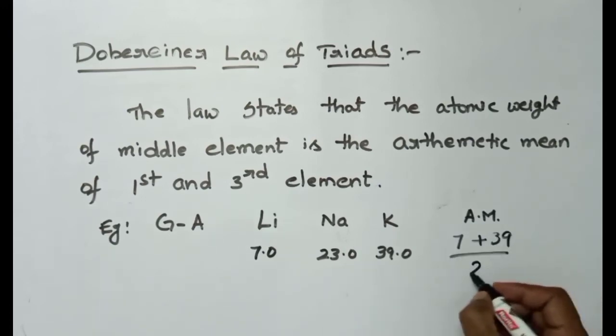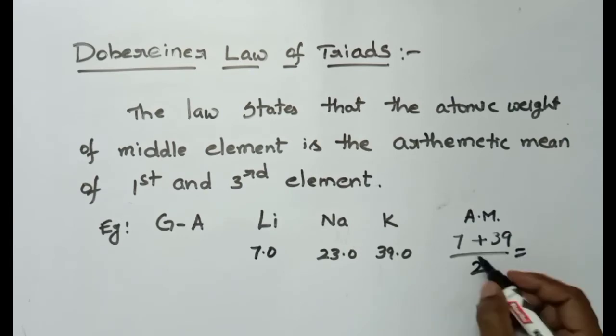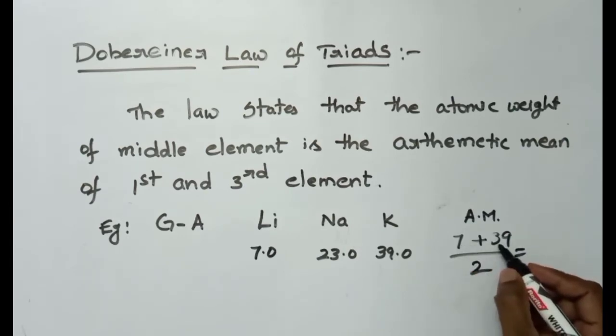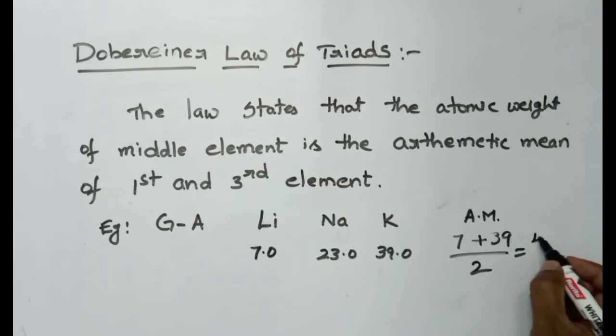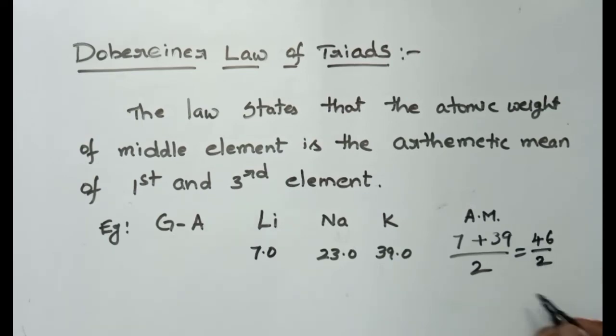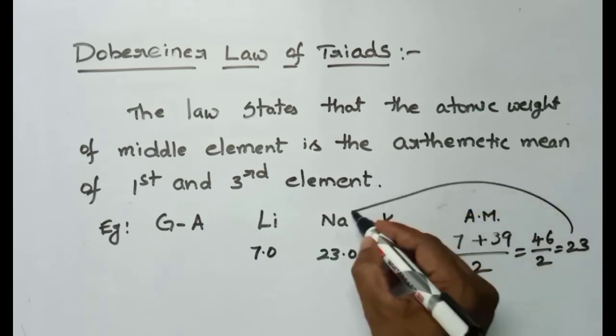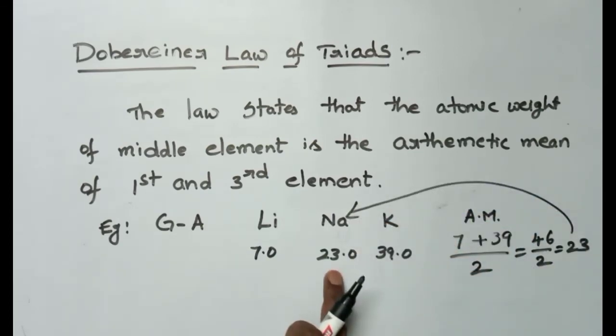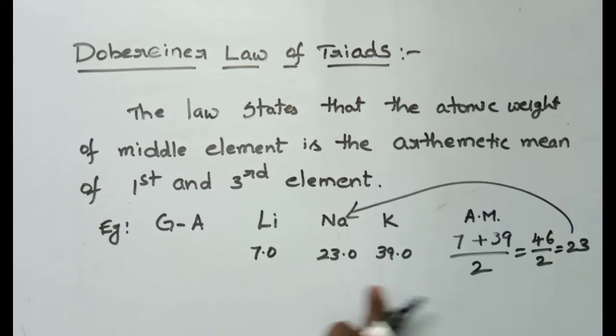If you find the arithmetic mean, you will get 7 plus 39, that is 46 by 2. Here we got 23. So the 23 is equal to the atomic weight of the middle element. In this way, he gave a relation between these elements in a group.